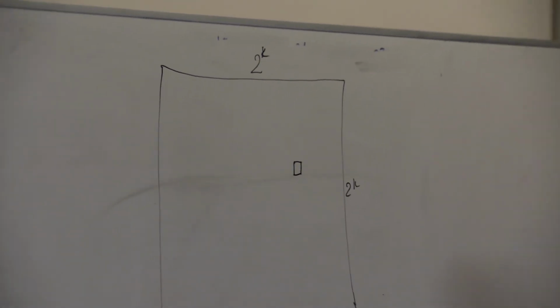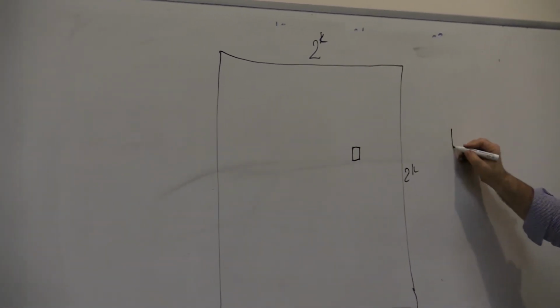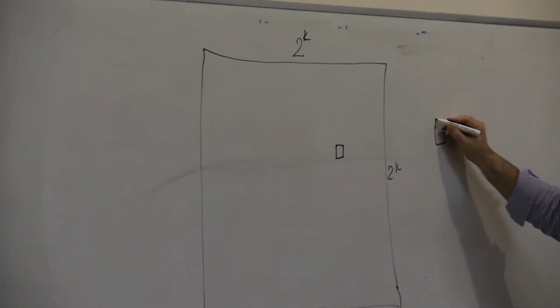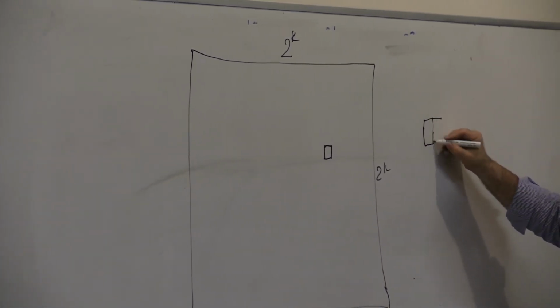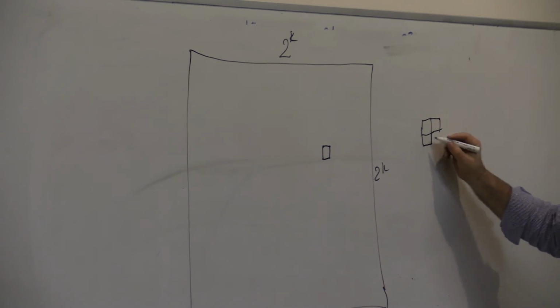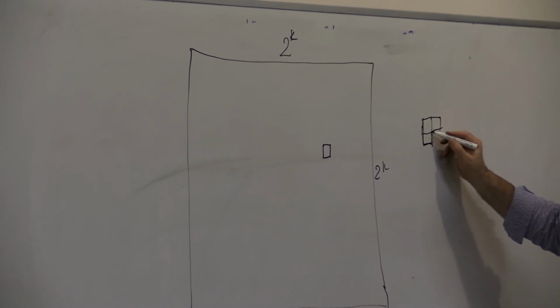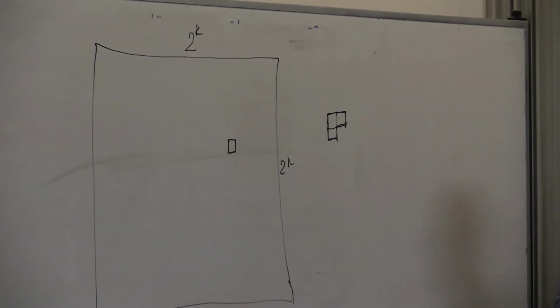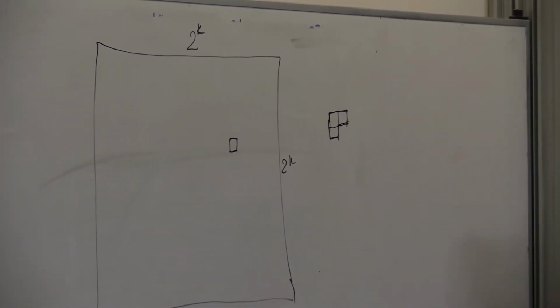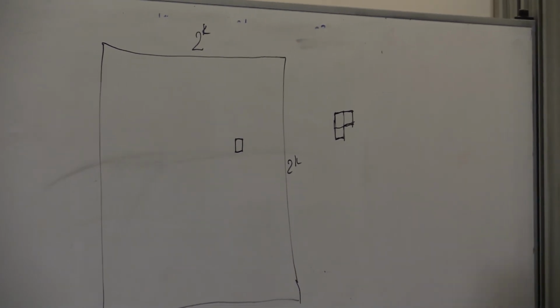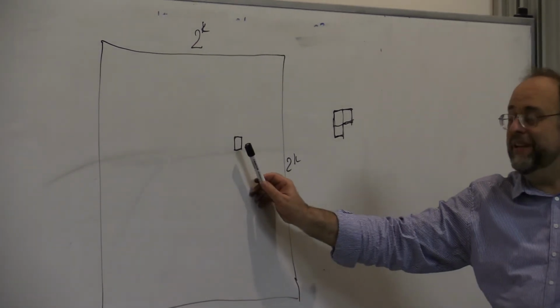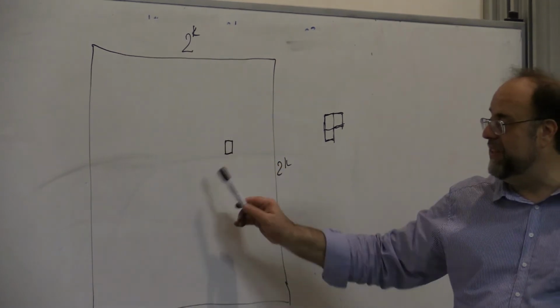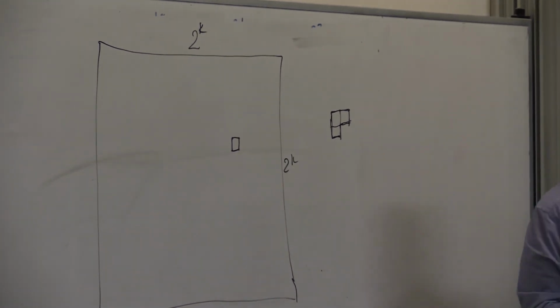Okay? You have to cover this chessboard with dominoes that are 3 squares attached to each other like this. How would you solve this problem using divide and conquer? You do know where the hole is, but it can be at an arbitrary location.